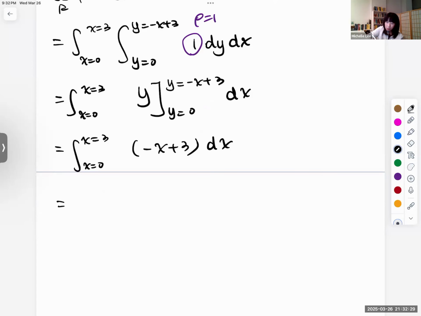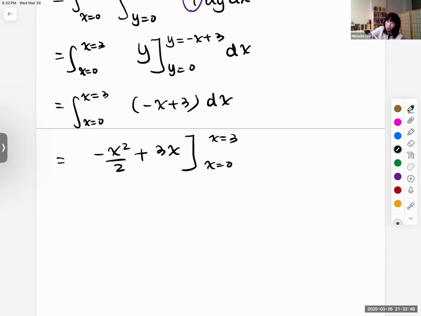All right, so we integrate: negative x squared over 2 plus 3x, from x equal to 0 to 3.